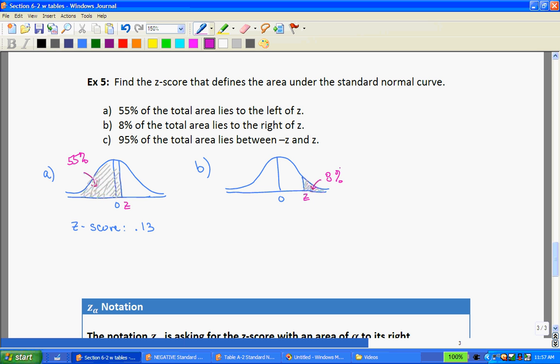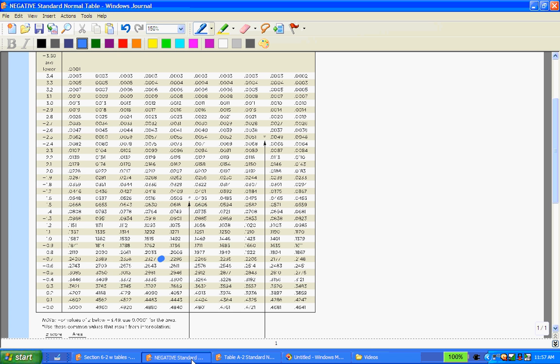Well, remember, our table gives us values going to the left, but because the standard normal curve is symmetric, I'm going to look on the negative values and just ignore the negative signs. So if I go to the negative table, I'm going to try to get as close to 0.08 as I possibly can.